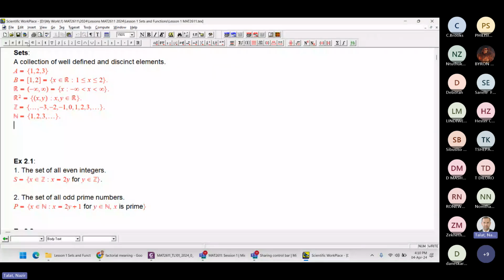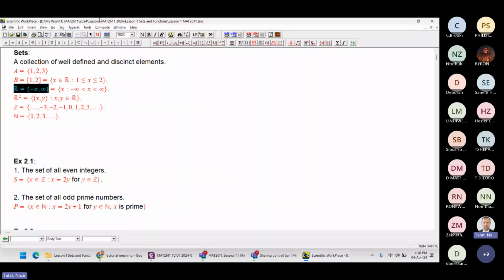We also have another set which is called the extended real numbers. But if you focus on why infinities are excluded from R, there is one important reason. If we include the infinities, it will not satisfy the distinct element condition, because we know that infinity plus 1 is also infinity, infinity plus 2 is infinity, infinity minus 1 is infinity.